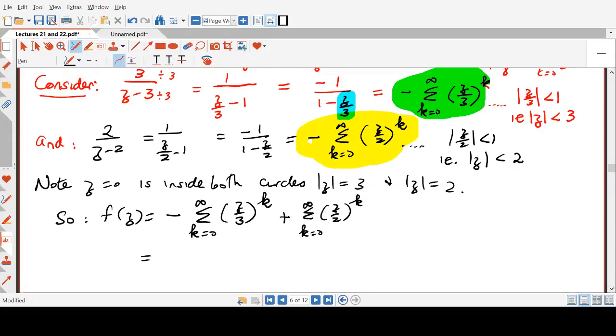You want to expand this. So you can write this as, I can expand this. When k is 0, this is a 1.